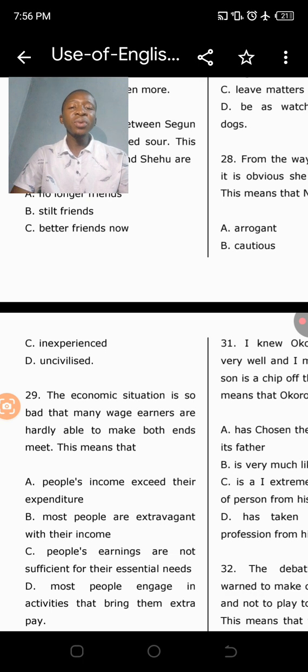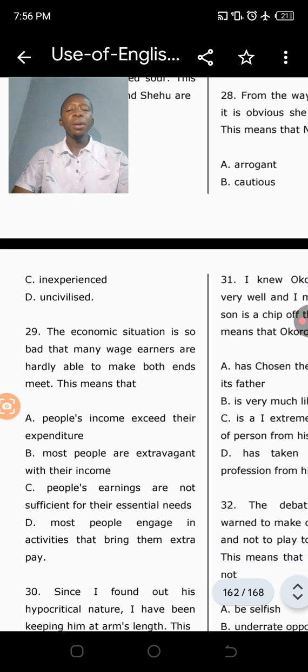The economic situation is so bad that many wage earners are hardly able to make both ends meet. This means that A, people's income exceeds their expenditure.